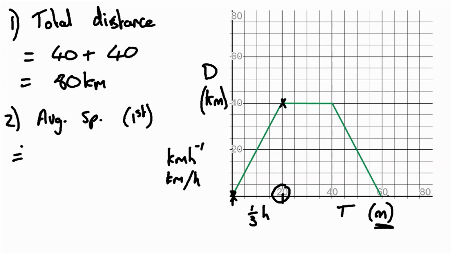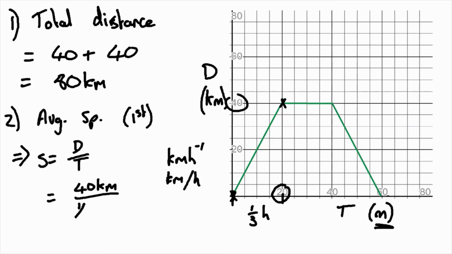So our average speed is going to equal our distance divided by time. The distance travelled in the first 20 minutes is 40 kilometres, and we are dividing it by our time.